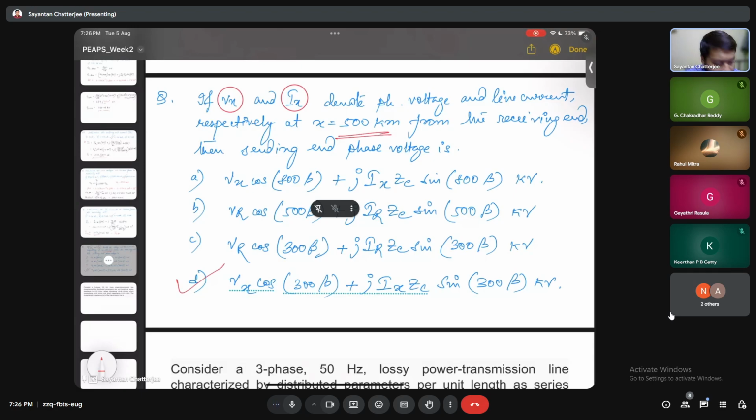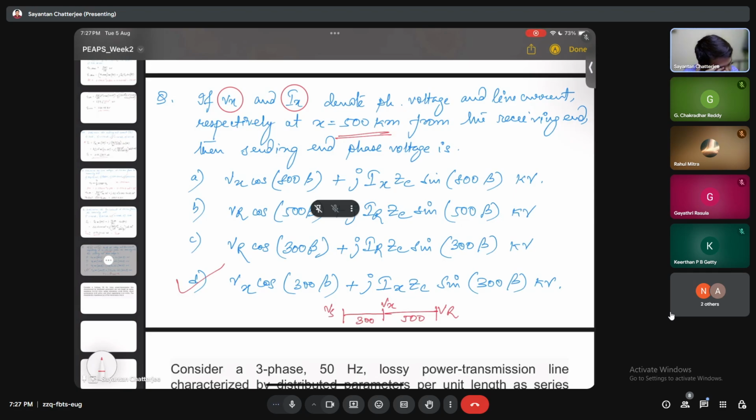If we express the sending end voltage from the point x, this is Vr, this is some point Vx, which is 500 this side, and this is Vs. So this is 300.